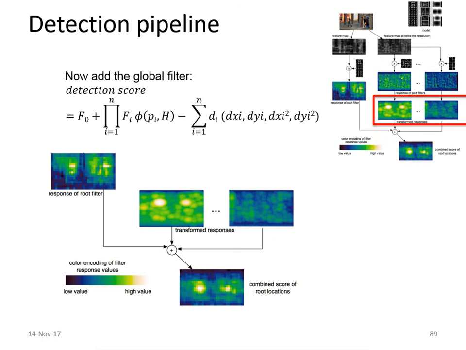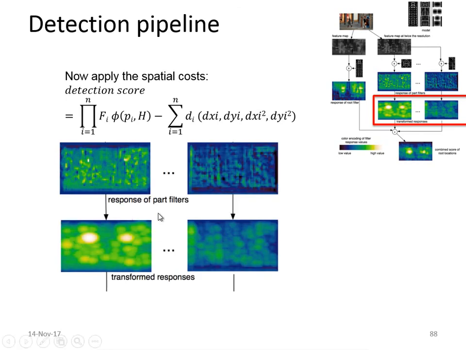Then with this part filter response, we go through this kind of d_i transform. It's a little bit of a black box here, but it gives you the expected maximum for the part there.